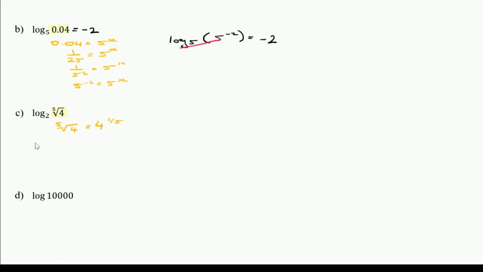So putting this back in, I've got log base 2 of 2 squared to the power of 1/5. I want to simplify this a bit further using my index laws. So I've got log base 2 of 2 to the power of 2/5. Now using that rule again, I can cancel these two out, and this is just equal to 2/5. So this answer here is 2/5.